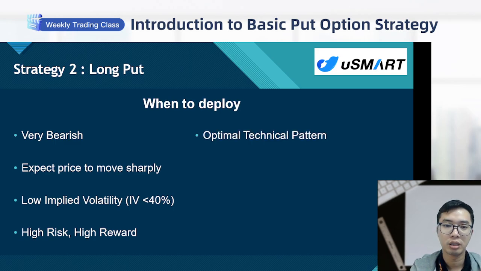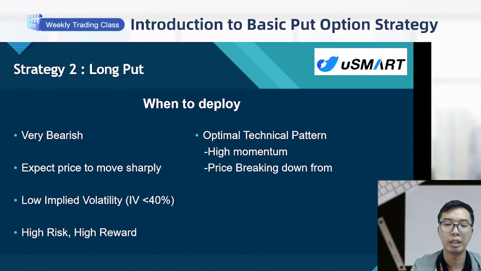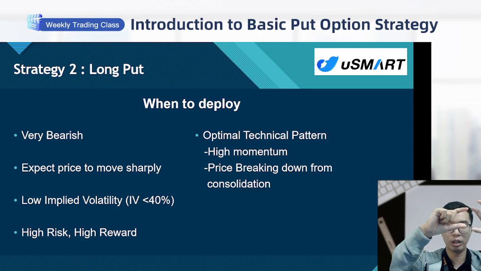Okay, next. So next is a technical reason. We look at the technical patterns, like there is high momentum in the stock, and the price is breaking down from consolidation. In the market, sometimes the price can go sideways for a very long time.